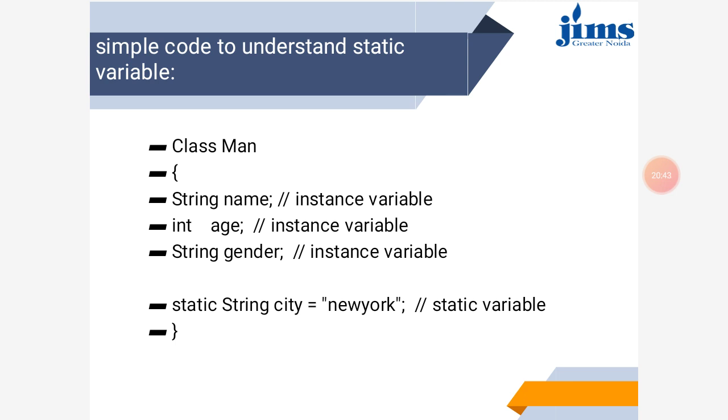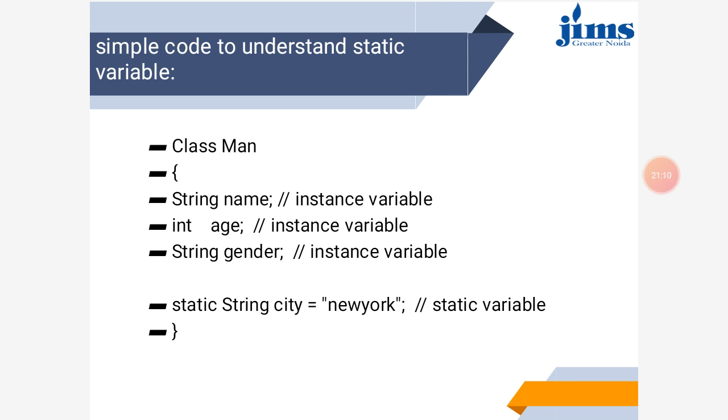So what is the meaning of this statement, static String city = "New York"? The upper three instance variables will be different for different objects, but city = New York will be common to all the objects of the Man class. So whenever the word city comes, it means New York to all the objects.